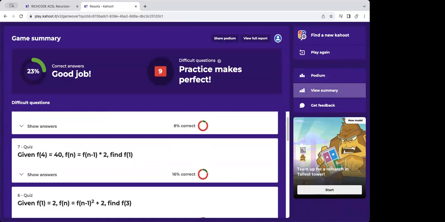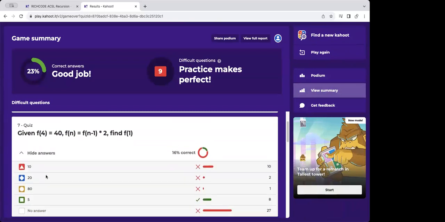Okay, so now I'll go over some of the trickier questions. Question 7 says, given f(4) equals 40, f(n) equals f(n-1) times 2, find f(1). So using this recursive formula, we know f(4) is equal to f(3) times 2, and we know this is 40. So therefore, f(3) is 20.